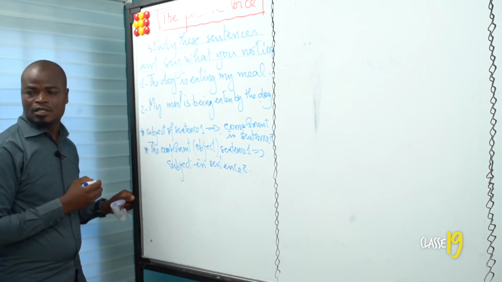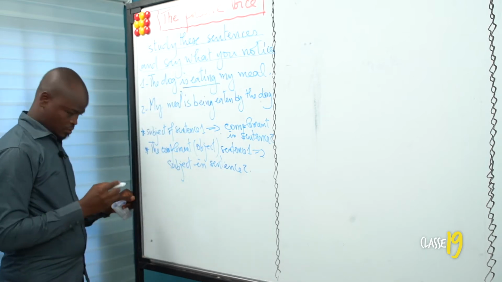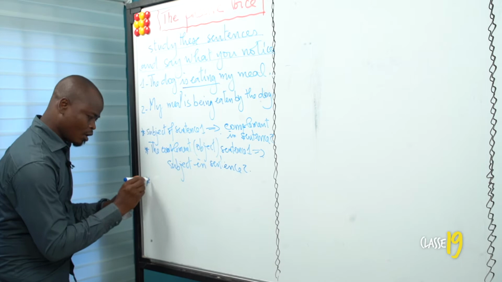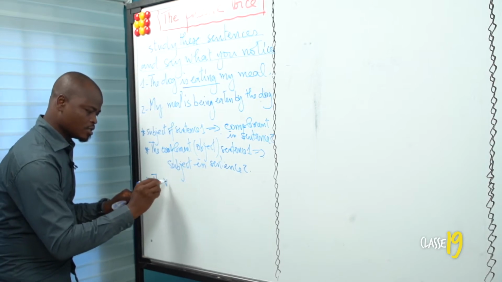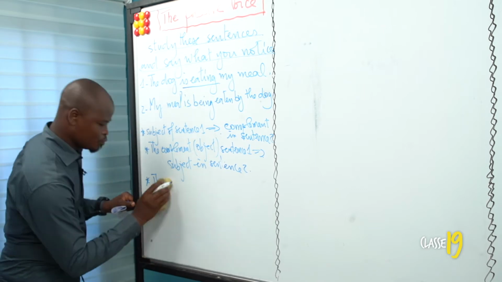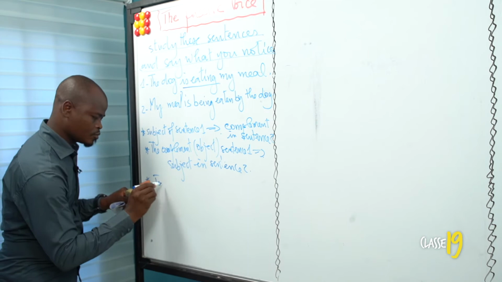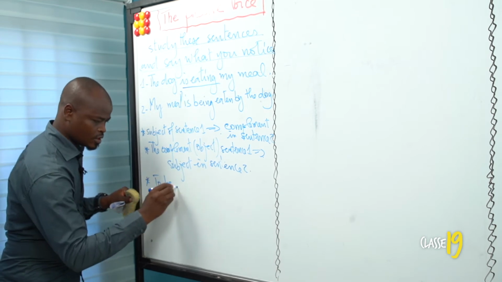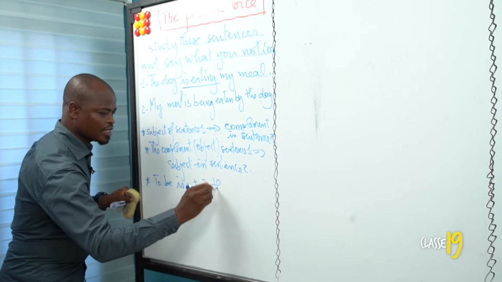We also have another remark. This remark is about the verb. Here is the verb. So, what happens with the verb? The verb to be is put in the tense.